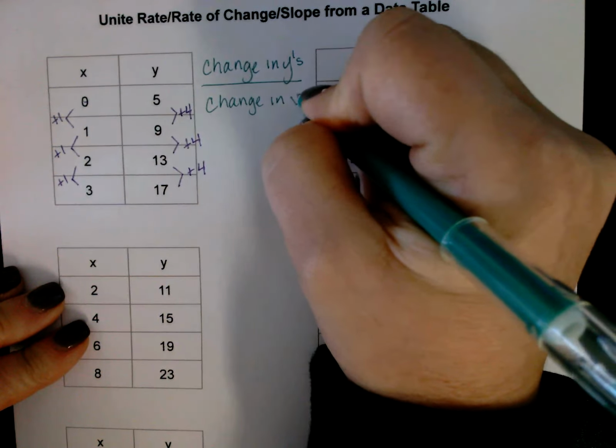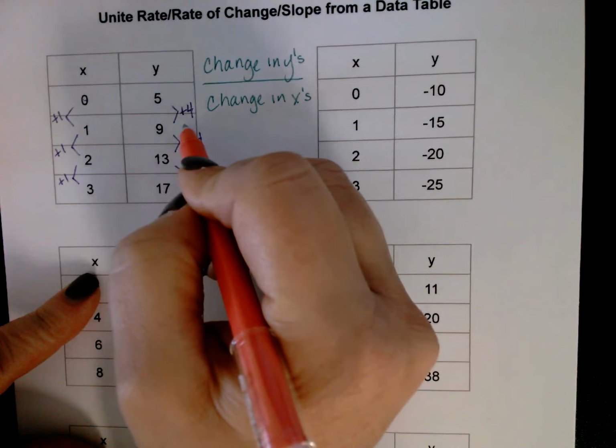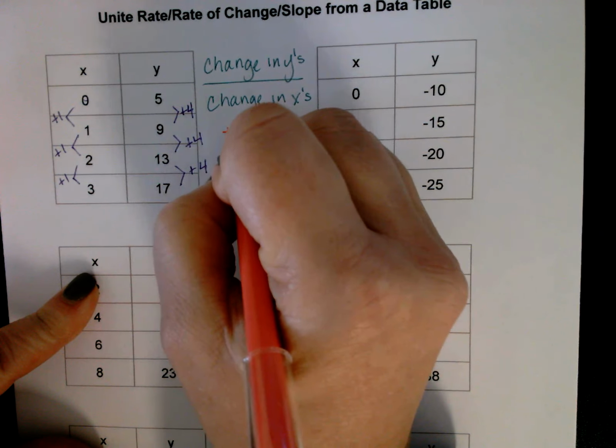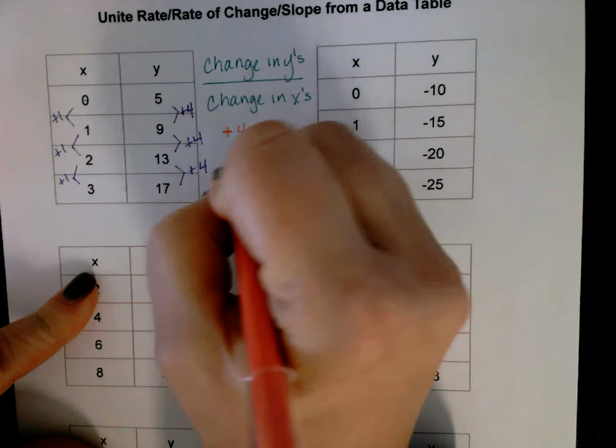So how do these change in relationship to each other? My y's, my outputs, are changing constantly by +4, while my x's are changing by +1. So they have a rate of change of 4.